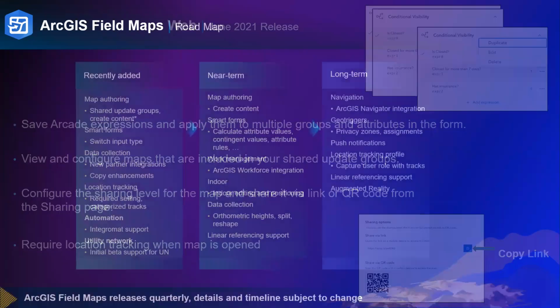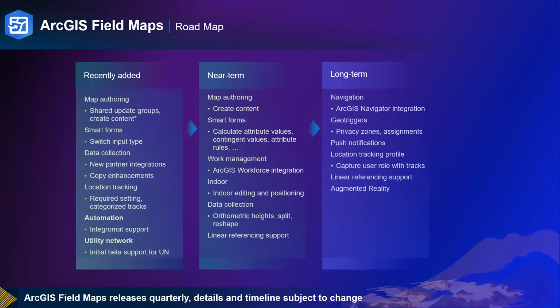Coming up, map authoring and creating content, to be able to create layers to do field editing right inside the Field Maps app. More with smart forms, more with Workforce, integrating the Workforce capabilities right into Field Maps.